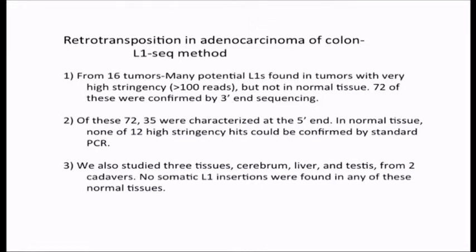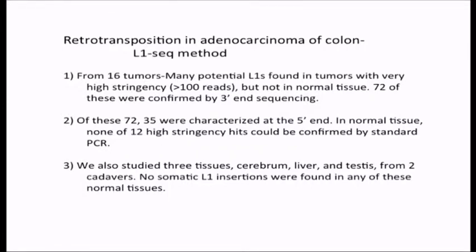So from the 16 tumors, there were many potential L1s found in the tumors with very high stringency, not in normal tissue, and 72 of these were confirmed by 3' end sequencing. Of these 72, 35 were also characterized at the 5' end. In normal tissue, none of 12 high stringency hits could be confirmed by standard PCR.